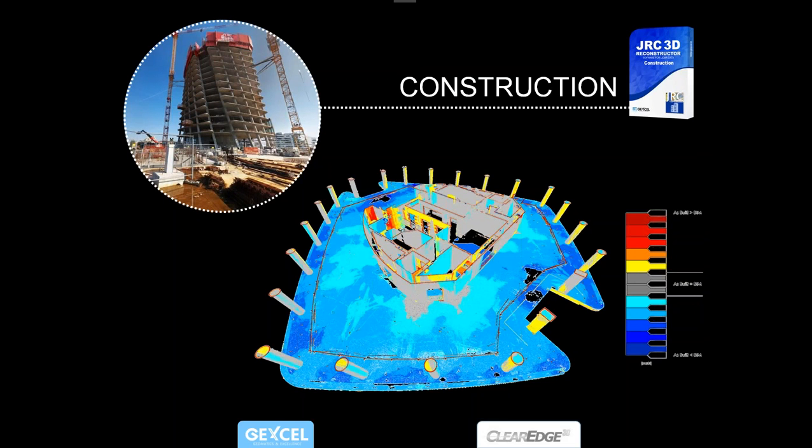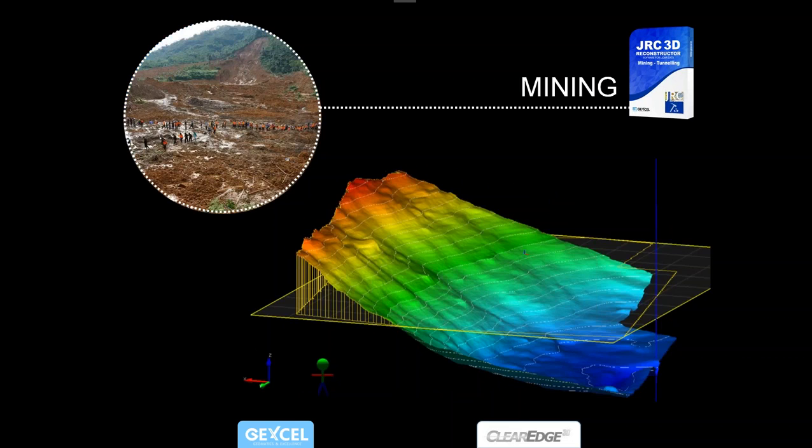But we also have tools for construction applications, like comparison between an as-built model and your original point cloud to create inspection reports. We have tools for mining, so it's also possible to create a digital terrain model and, out of it, calculate isolines or volumes or cut and fill volumes.